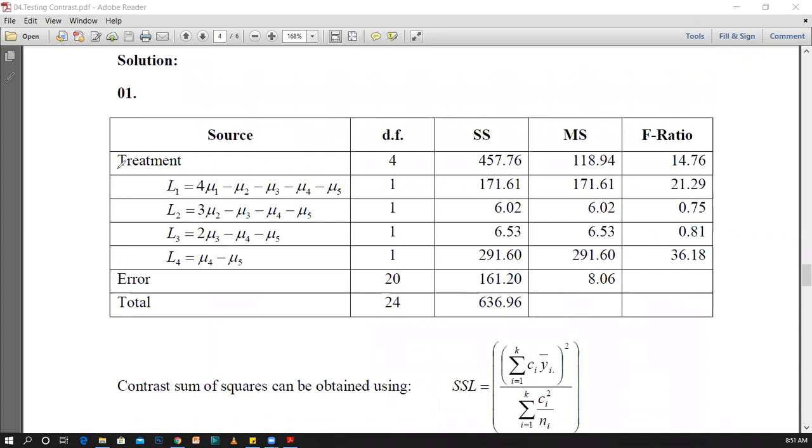For the treatment, the error, and the total, you can identify the degrees of freedom as 4, 20, and 24.